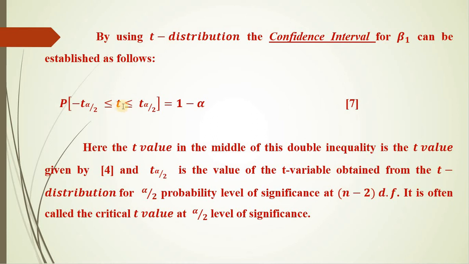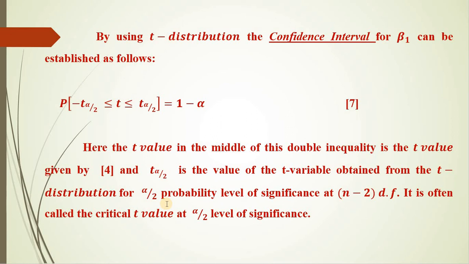Here, this t value is nothing but the value given in 4, that is, beta 1 cap minus beta 1 divided by small s divided by square root of summation xi minus x bar whole square. And t alpha by 2 is the value of the t variable obtained from the t distribution for alpha by 2 probability level of significance at n minus 2 degrees of freedom.